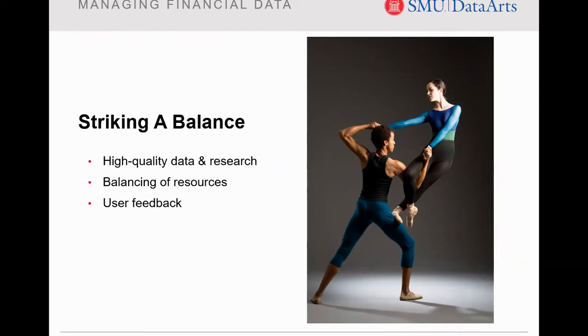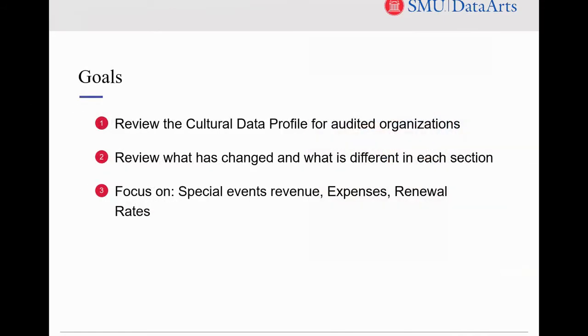But we were also balancing those benefits against the time and effort of collecting and reporting each data point that is required from participating arts organizations. So we've depended on feedback from our users, possibly many of you on this call, throughout this process to get this balance right. We really appreciate any of you who participated for taking the time to give us your feedback.